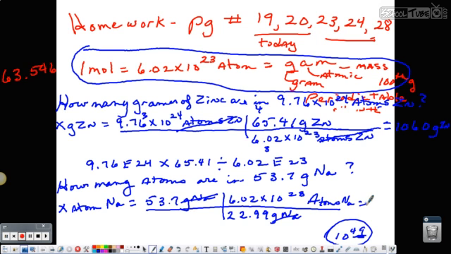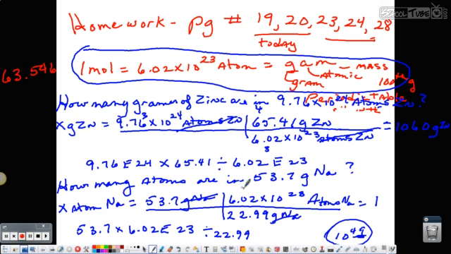So calculator, you're going to say 53.7 times 6.02 E23 divided by 22.99 equals 1. And if you're not careful on this, you'll leave something out.